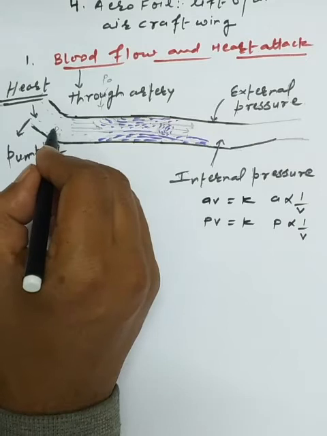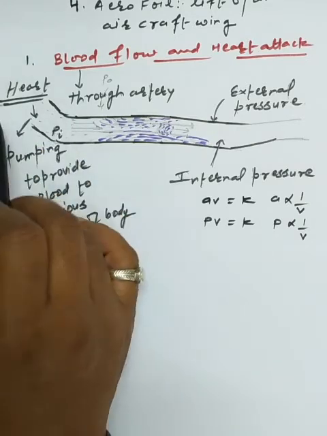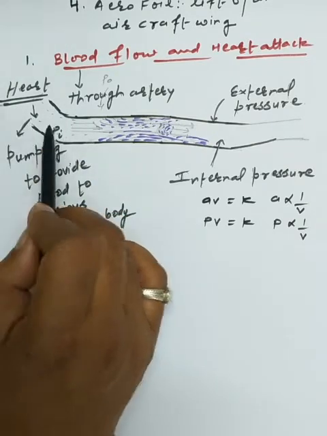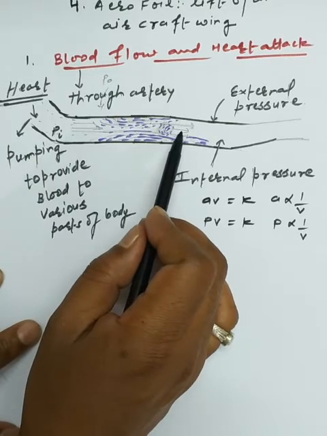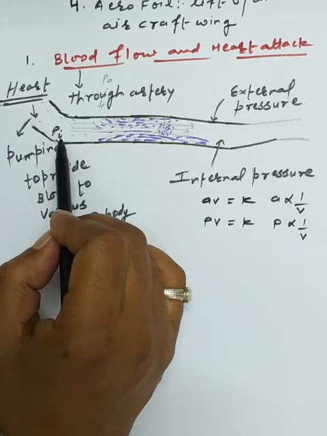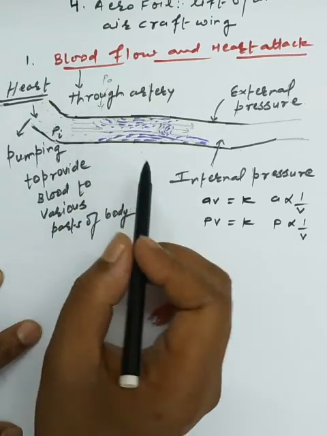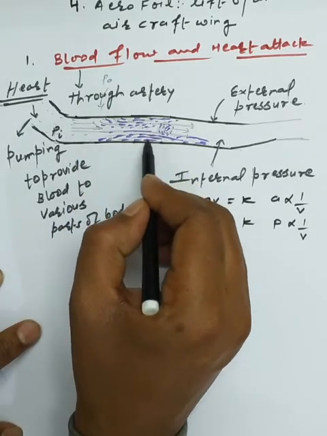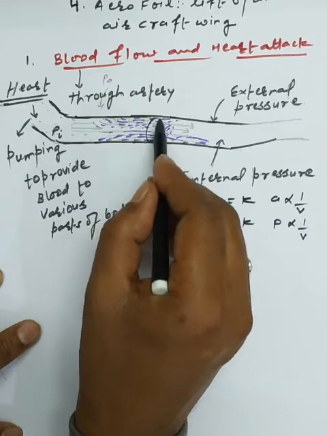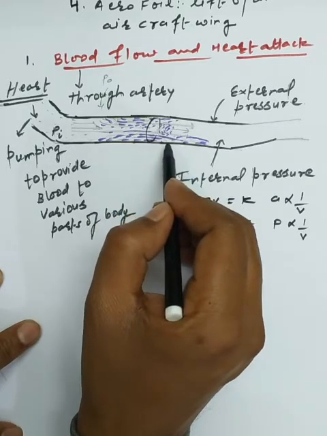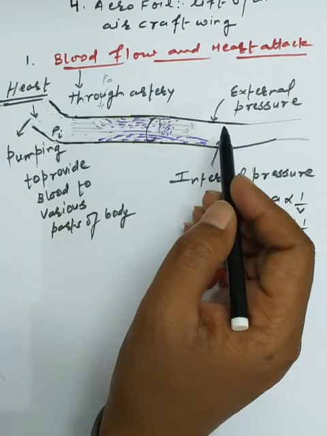So the internal pressure collapses as the heart suddenly pumps very hard in the inner part of the artery, and the outer pressure is very high, so it pressurizes the artery in such a manner that it completely blocks. This situation is known as a heart attack.